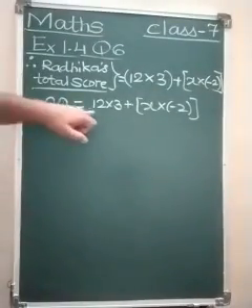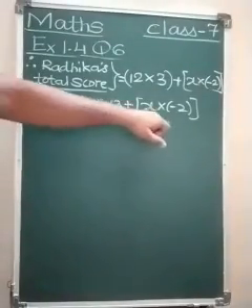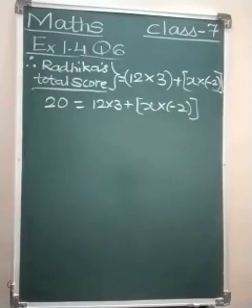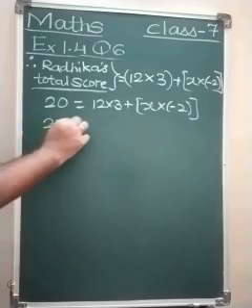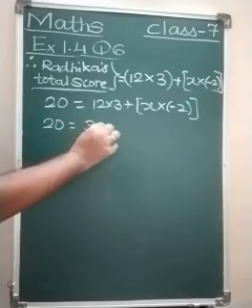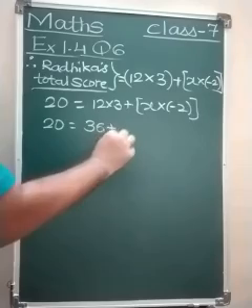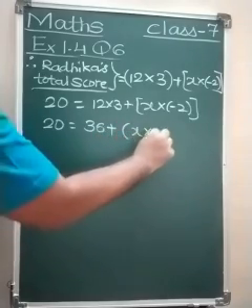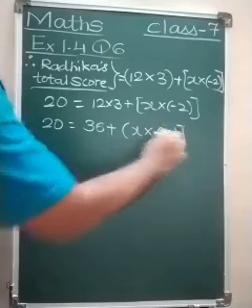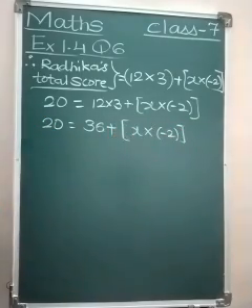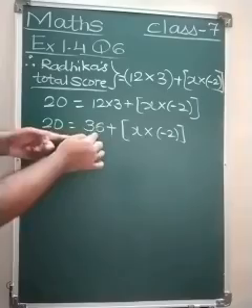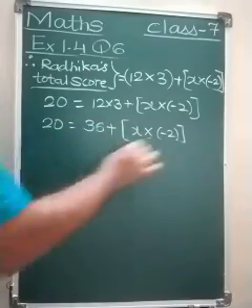Okay, so 20 equals 12 multiplied by 3, plus x into -2. Now 20 equals 12 3s are 36 plus x multiplied by -2. Now how to solve this equation?